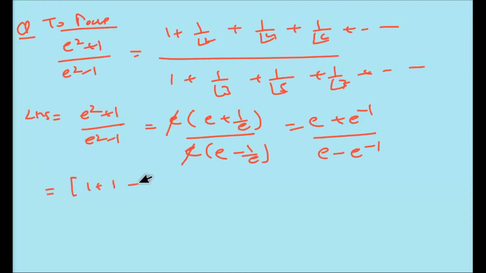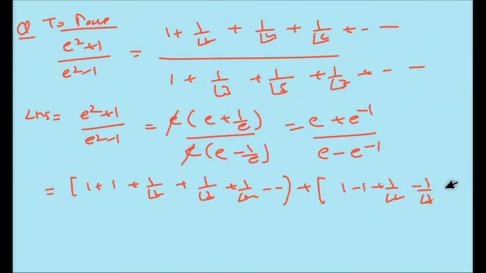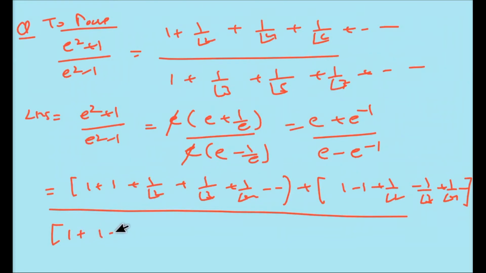1 plus 1 plus 1 upon factorial 2, 1 upon factorial 3, 1 upon factorial 4, and here we get 1 minus 1 plus 1 upon factorial 2 minus 1 upon factorial 3 plus 1 upon factorial 4, and so on. Similarly in dividing, we will put minus.